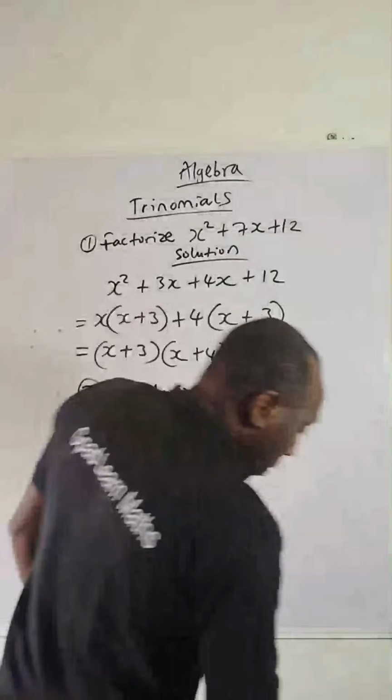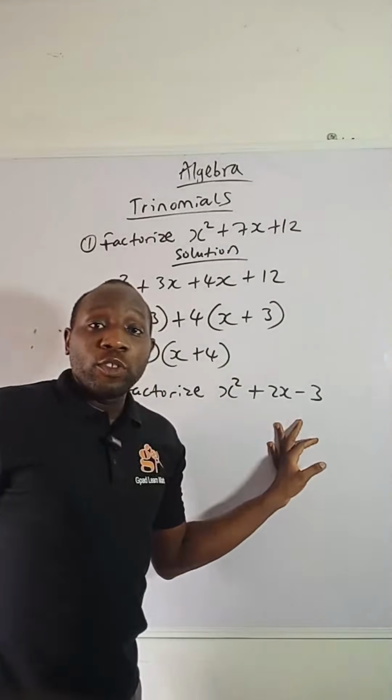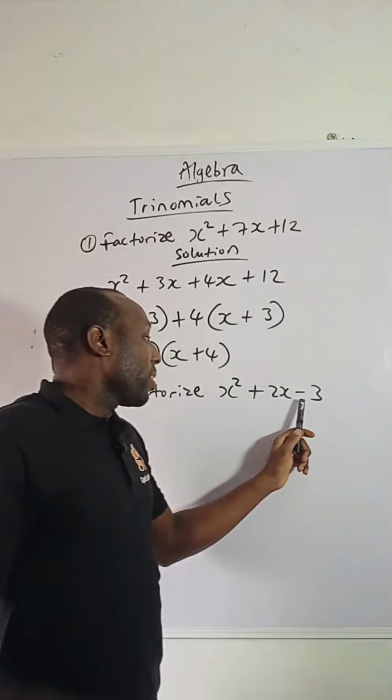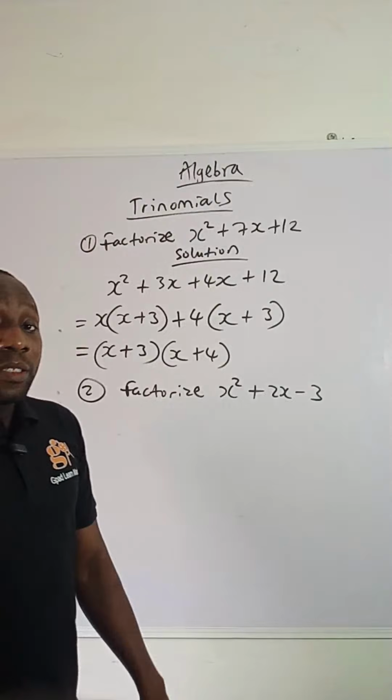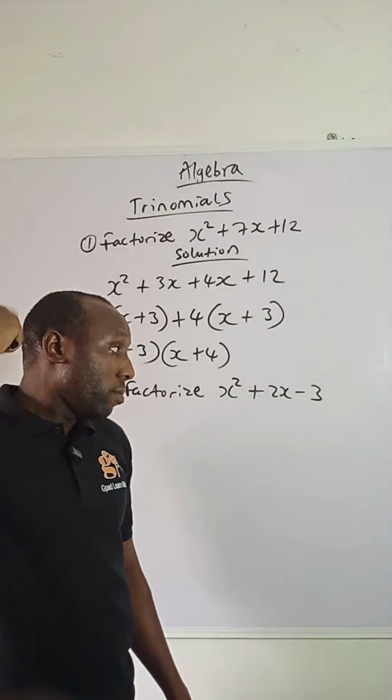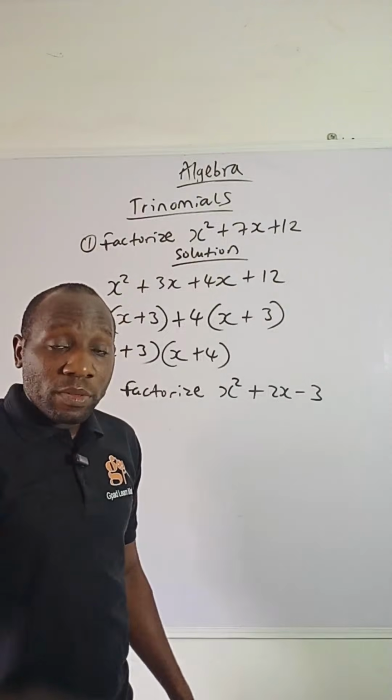Is anybody helping us out with that? Think of two factors. When you multiply, you get -3. When you add, you get +2. Now, let me give you a clue.